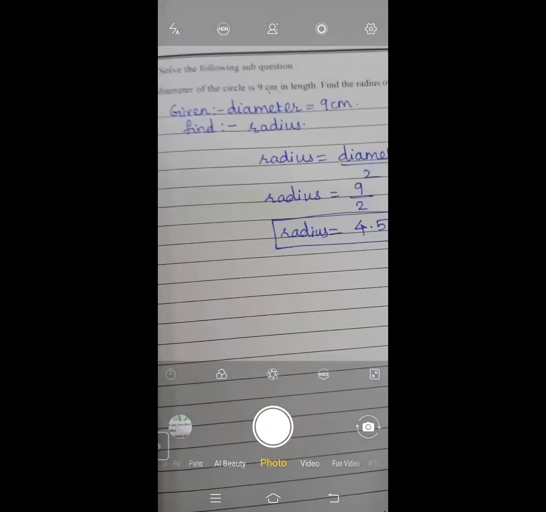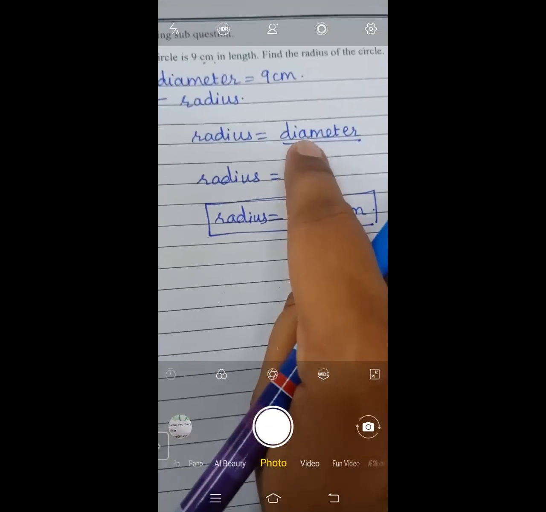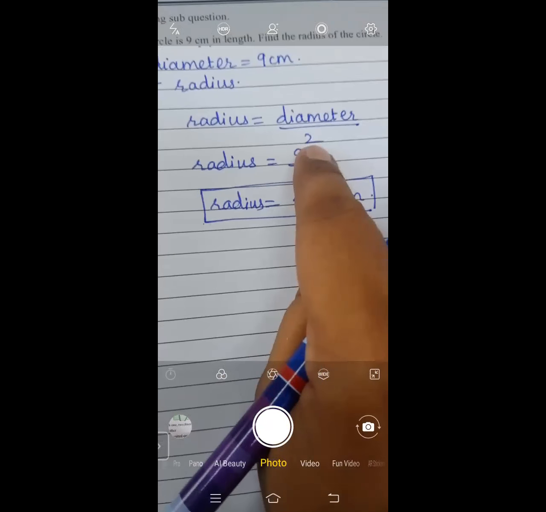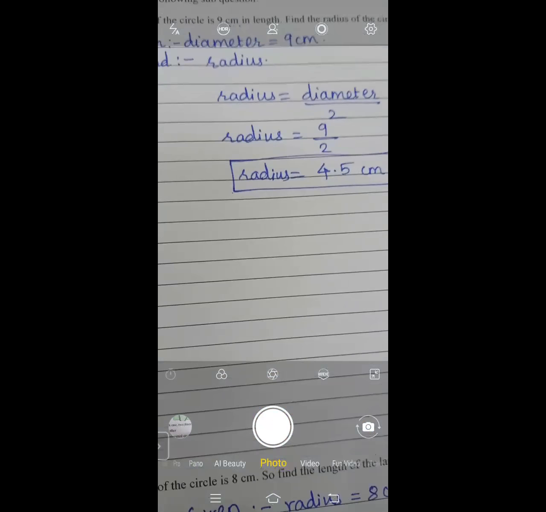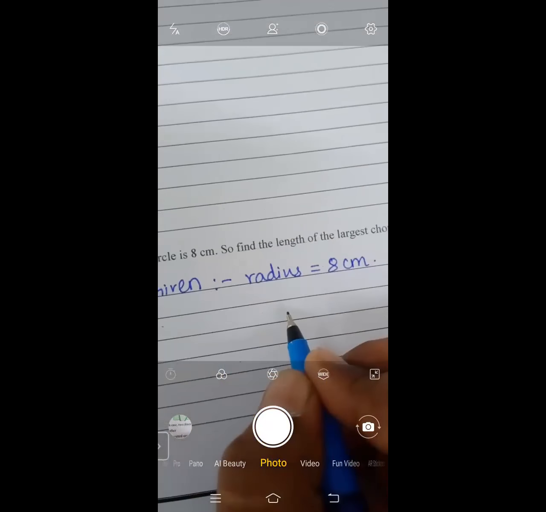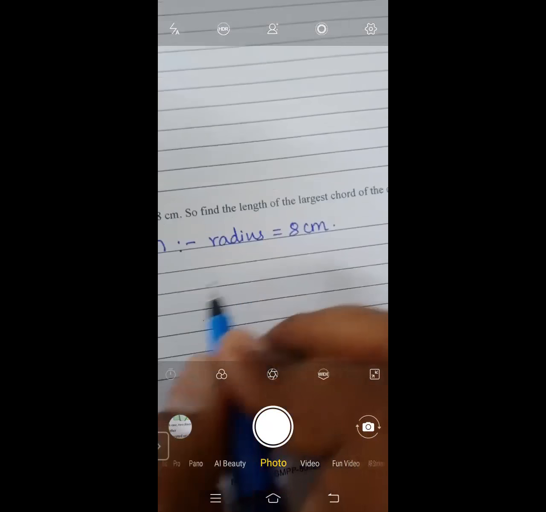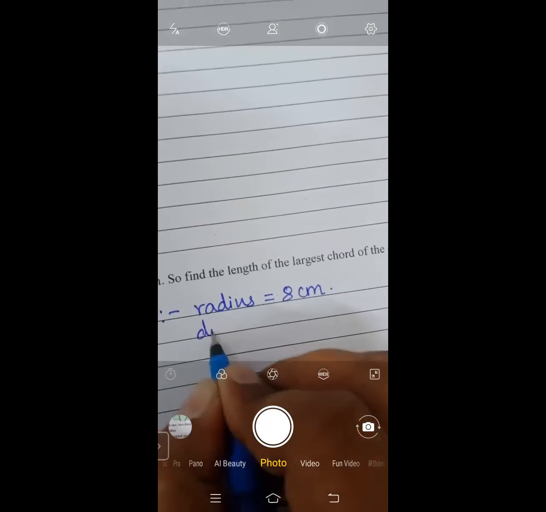Now you can remember only this formula. Whenever we have to find the diameter, this 2 is dividing on this side, so it will multiply on the other side. What I have to find is the diameter.